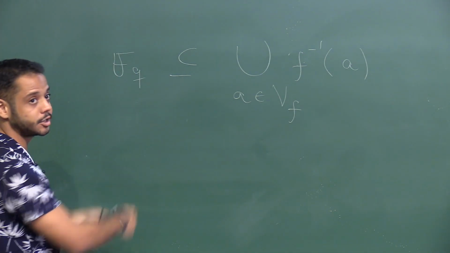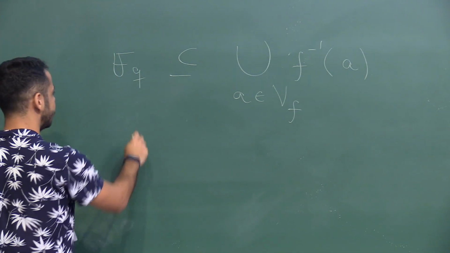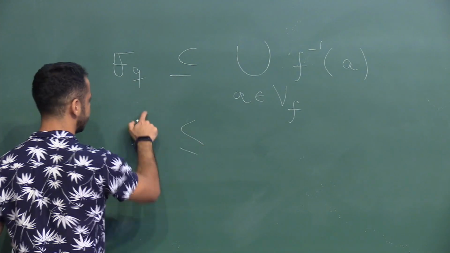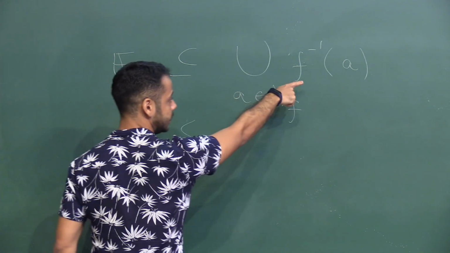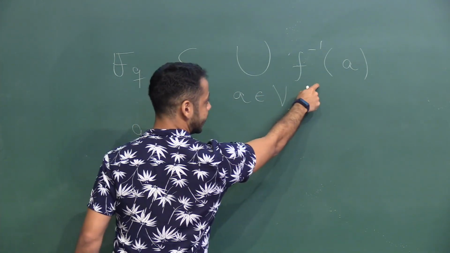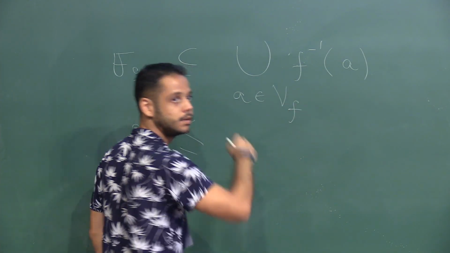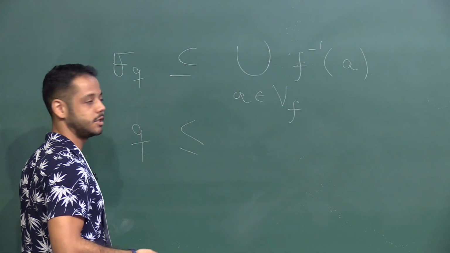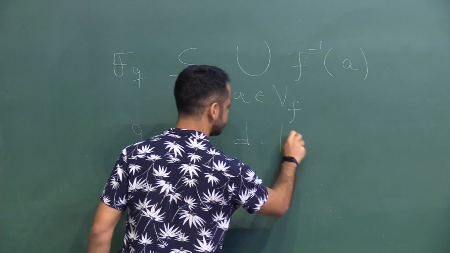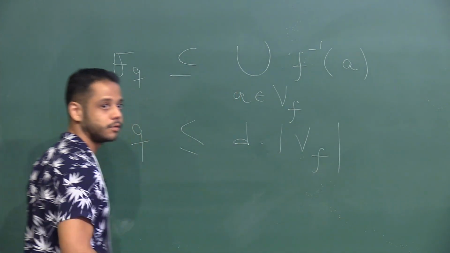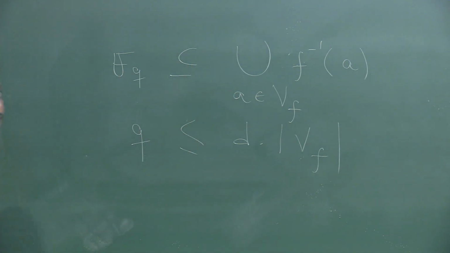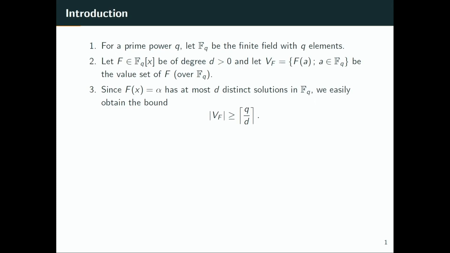And if we take cardinality on both sides, we get that q, the cardinality of this set, is at most the union. So each set of this type has at most d distinct elements, so we get d times the cardinality of V_f. So now we can get this bound.